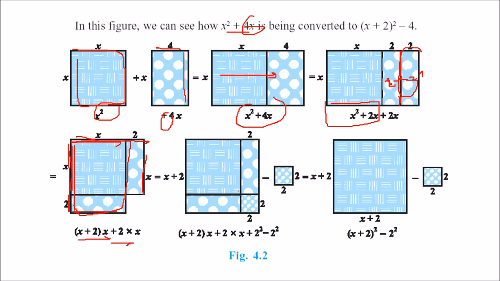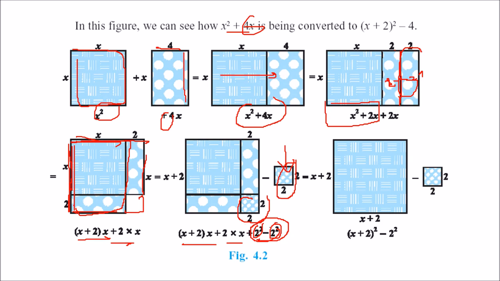Now what we have done is added 2 into 2 and subtracted 2 into 2. This area we have added by ourselves, so we have to subtract it also, because it was not there originally.